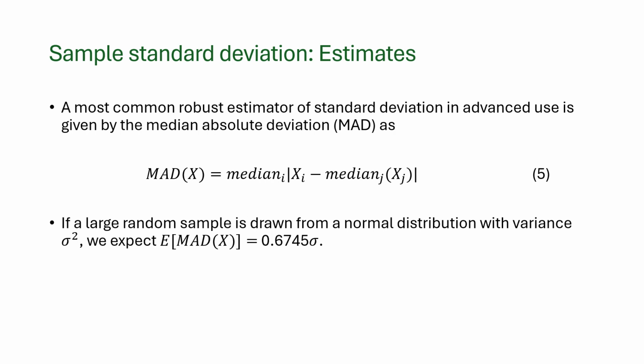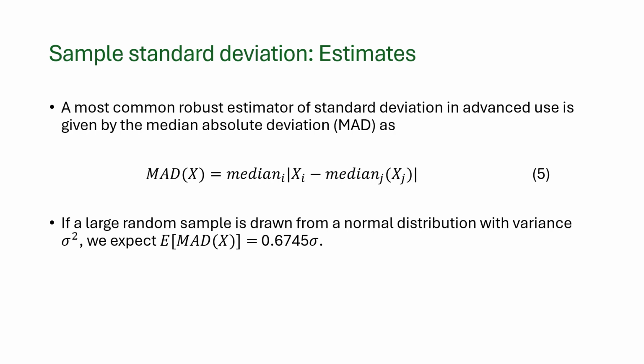Okay, here is another important estimator, known as the mean absolute deviation estimator. It is computed as the median of the absolute differences between xi and the median of xj. You can very easily do it manually also. If a large sample is drawn from a normal distribution with variance sigma square, we can see that the expected value of MAD will go to 0.6745 sigma.